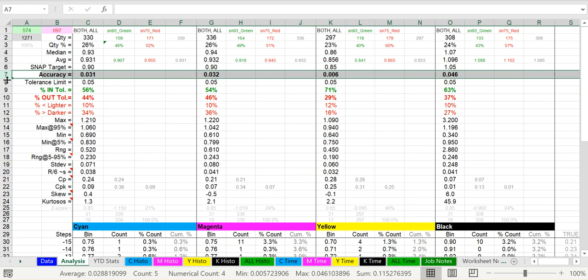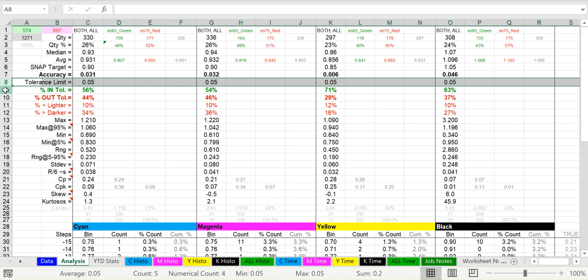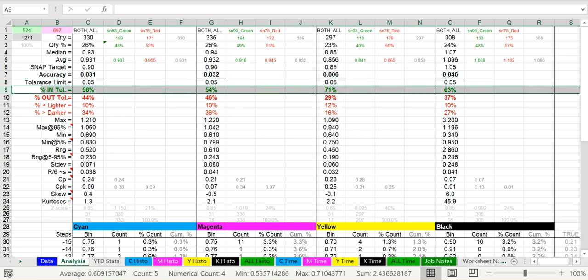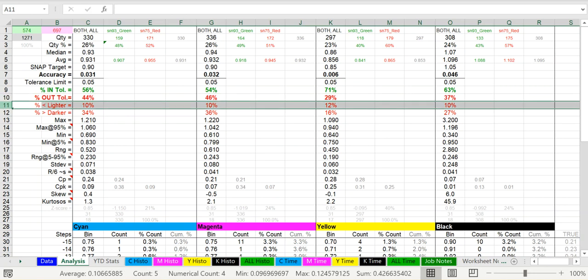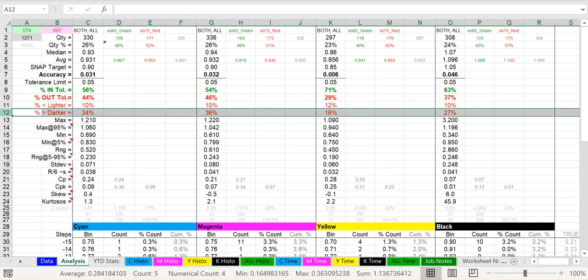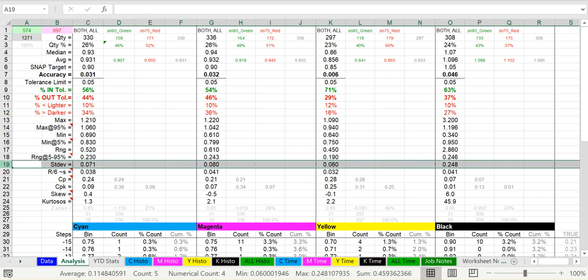If we know the tolerance limits, we can calculate the percent that was in specification tolerances and the percentage that was out, and the percent that was on the light side, the percent that was on the dark side, and we can calculate the standard deviation. And there are some other more sophisticated statistics here, but we don't need to talk about that now.